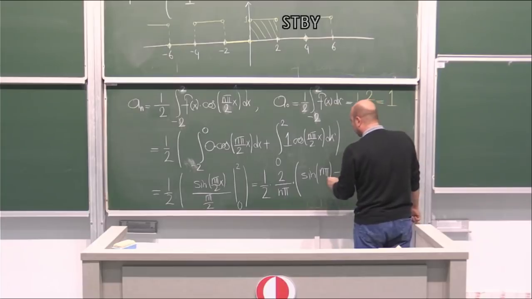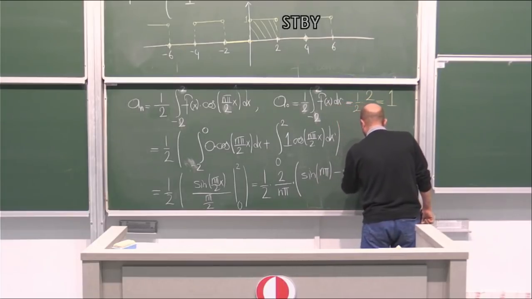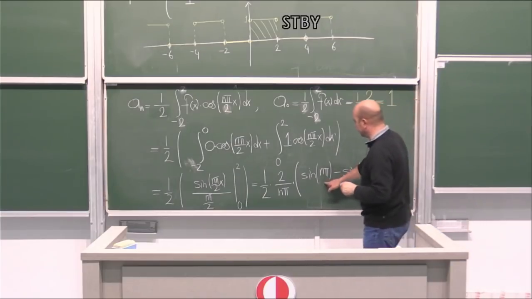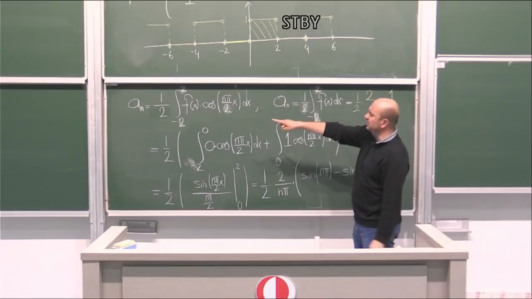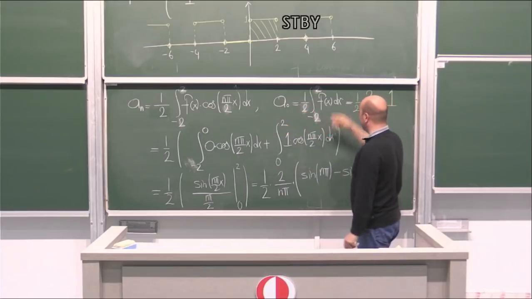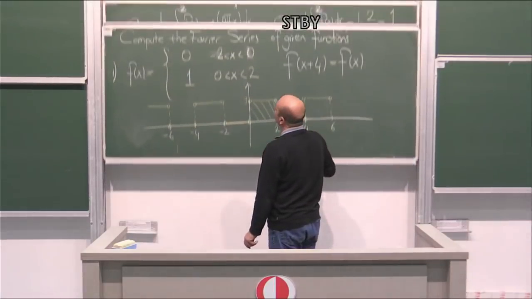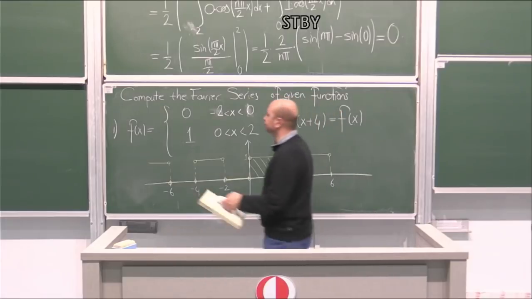Okay, no. Sine n pi and sine 0, this is what we get. Sine n pi is 0 and sine 0 is 0, so everything is 0. So all the a_n except a0 are 0, and a0 is 1. All right, now b_n.